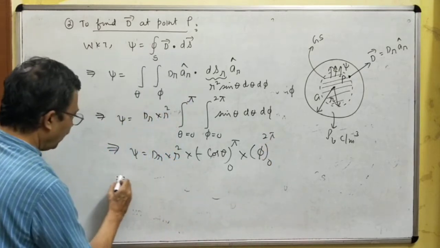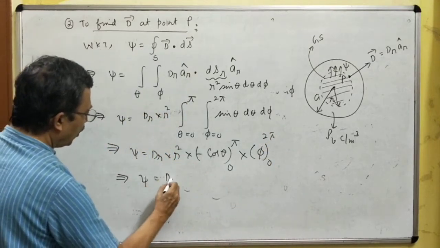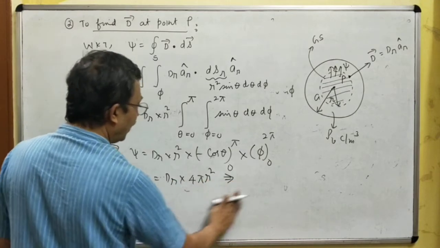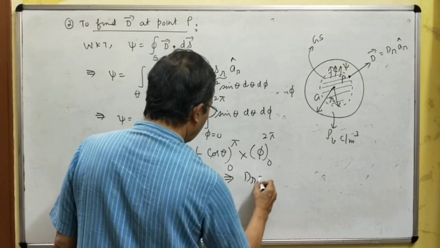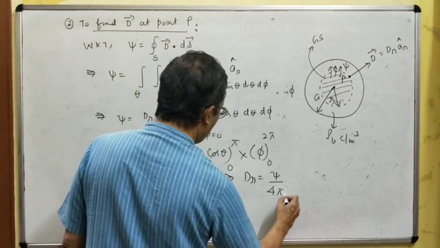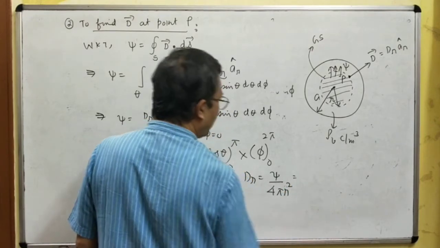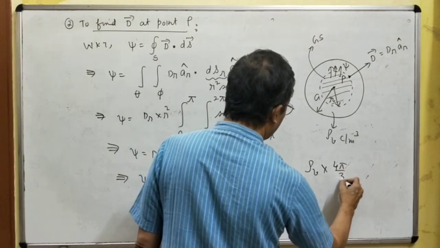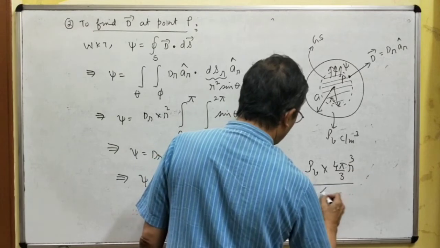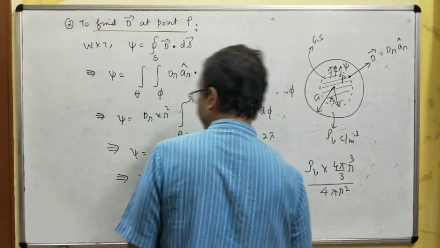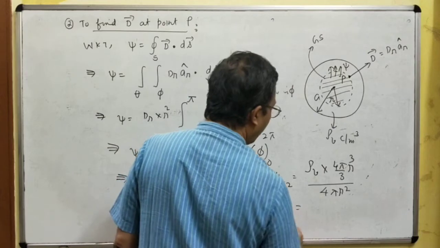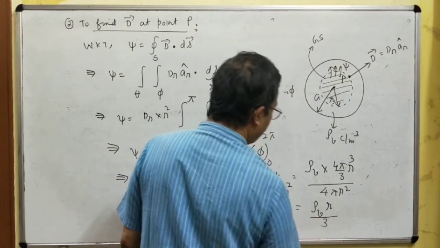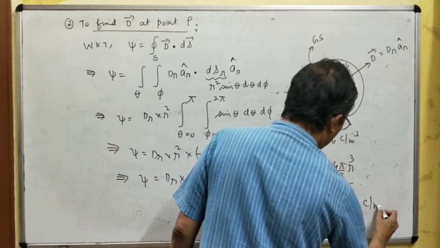So psi is equal to Dr into 4 pi r square. This implies Dr is equal to psi divided by 4 pi r square. What is psi from step number 1? It is rho v into 4 pi by 3 r cube divided by 4 pi r square. So this works out to be rho v into r divided by 3 coulombs per meter square.